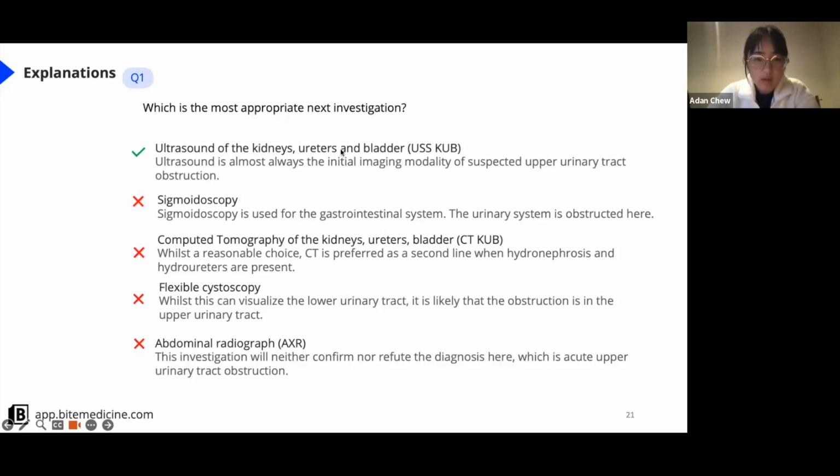Ultrasound KUB is almost always the best initial imaging for this, because it's fast, usually more available, and less costly than a CT-KUB. A CT-KUB is probably more reasonable for a case of renal colic where you get classical loin to groin pain, as we spoke about earlier.